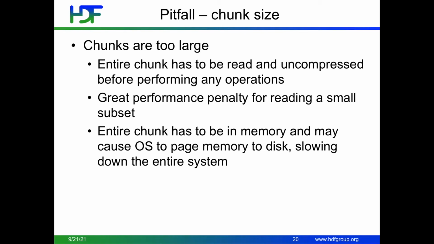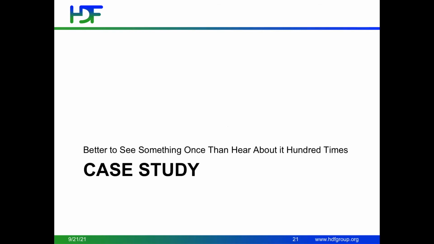The entire chunk has to be in memory, and it may cause the operating system to page memory to disk, slowing down the entire system. This may especially happen when you open a lot of chunked datasets. Each of them has the default chunk cache that is allocated immediately, and application memory will grow tremendously. So be careful when you're opening.